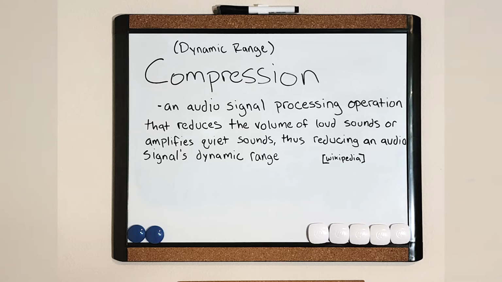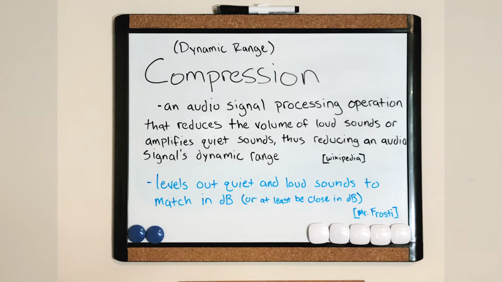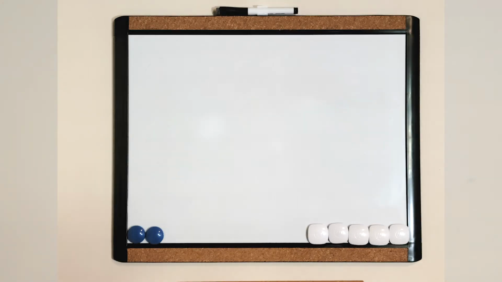In Frosti terms, it means it levels out the quiet and loud sounds to match in decibels, or at least be close in decibels. So now that we've gotten those out of the way, let's take a look at an actual compression plugin and see how we can use it in our everyday music making processes.